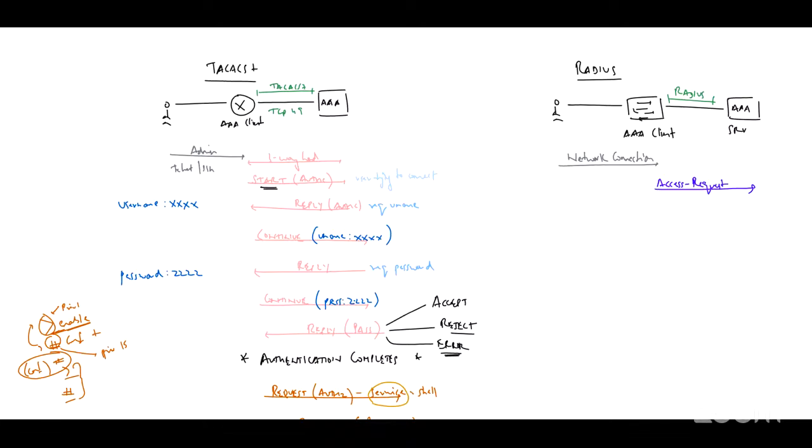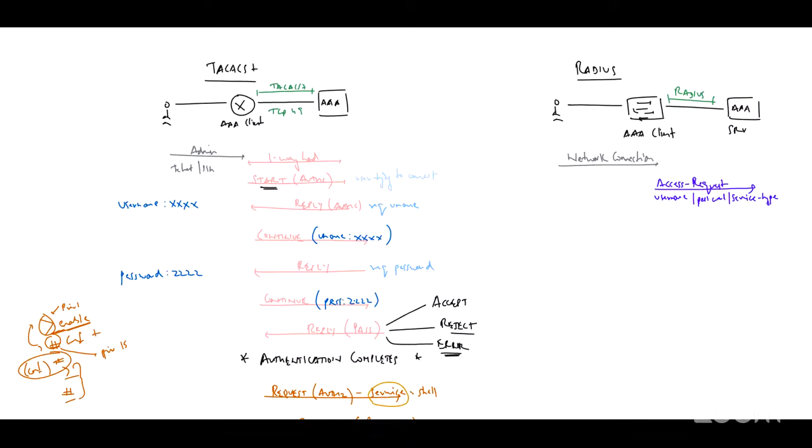Within this access request, it will carry the username information, password information, and it will also add a service type field as well, which basically notifies the AAA server what sort of a connection this is.